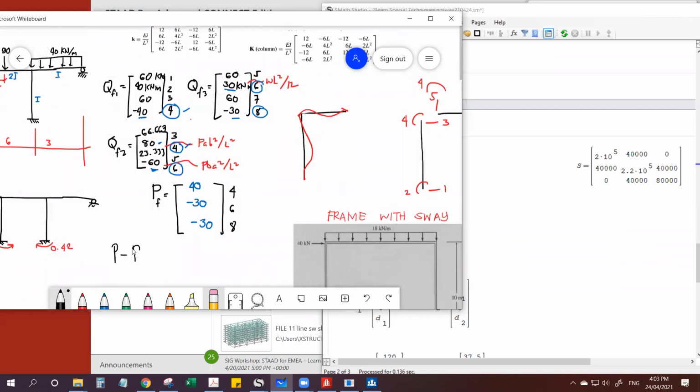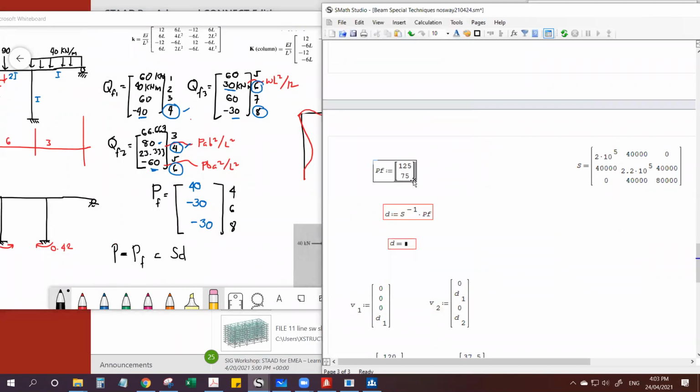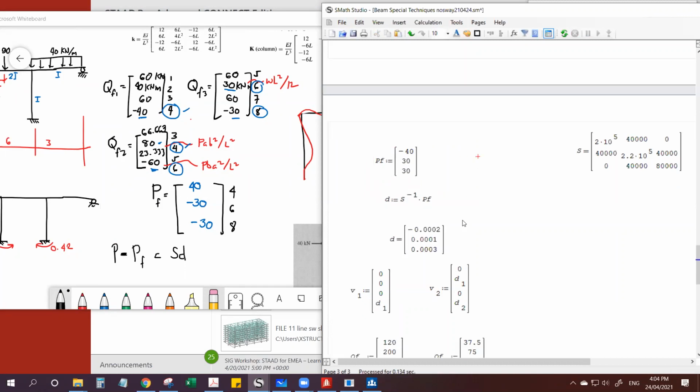So P minus P sub F is equal to ST. So we need to incorporate the negative sign before inverting. So this becomes negative 40, positive 30. Make this 3. Negative 40, positive 30. 30. Okay. So that's our rotation.